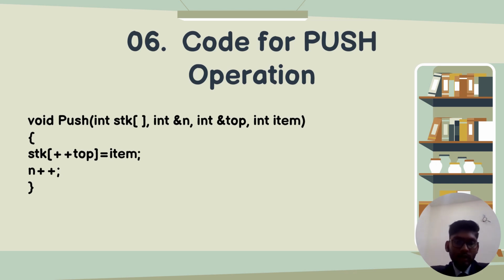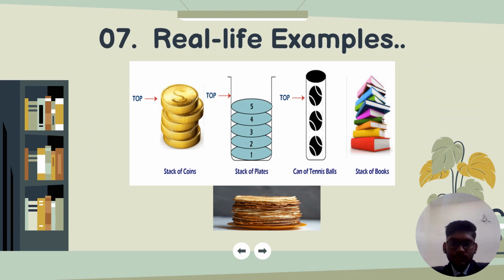So the top is increased from the previous one as the new item is inserted, and obviously the stack size is also increased. Then we move further in the slide.